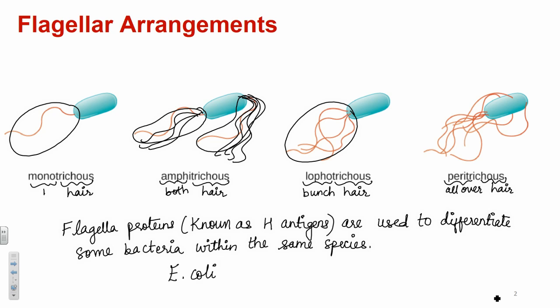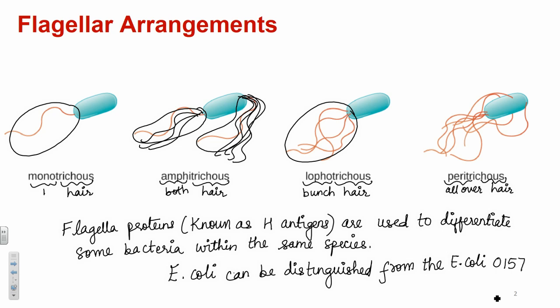So E. coli can be distinguished from the pathogenic E. coli, which is E. coli O157:H7. And this is the bacterium that mostly causes diarrhea, usually when you consume contaminated food and water.